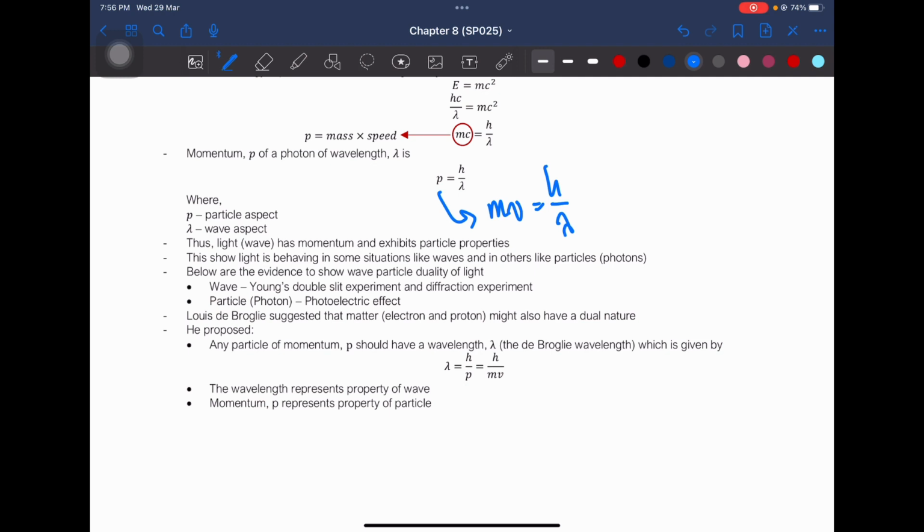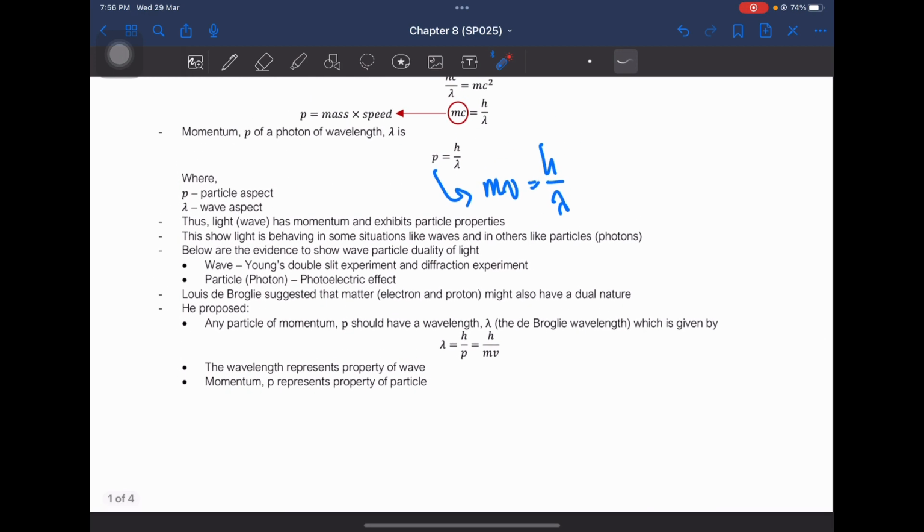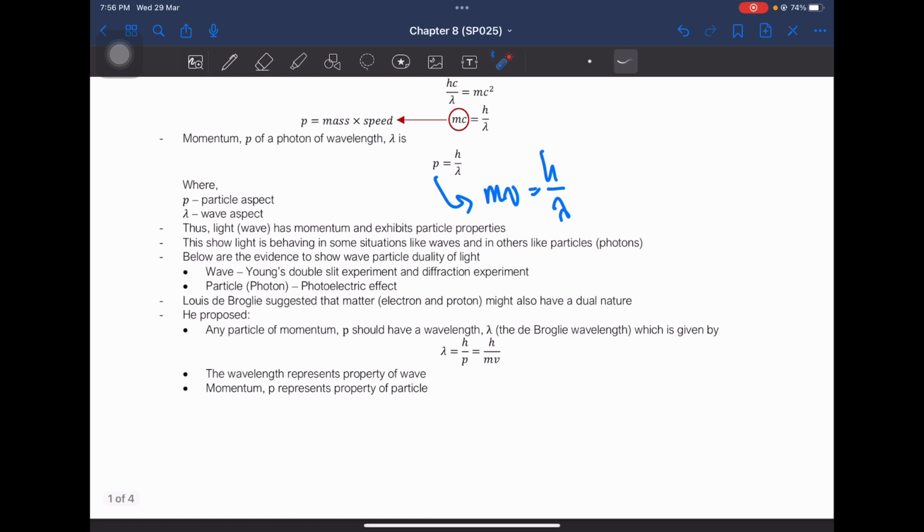The particle aspect of this photon is the momentum, and the wave aspect is the wavelength. So the light wave has both momentum and can exhibit particle properties. This is telling us that light can behave like waves and in other situations like particles, such as photons.